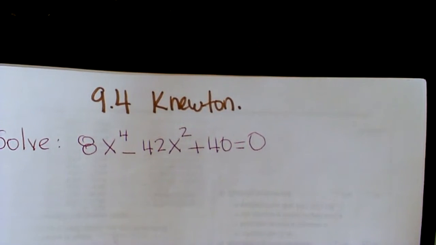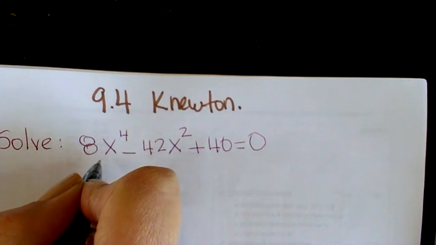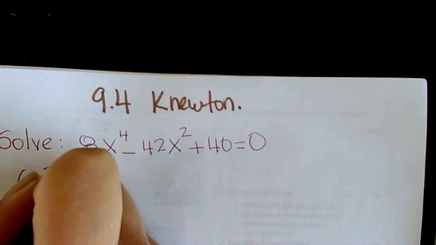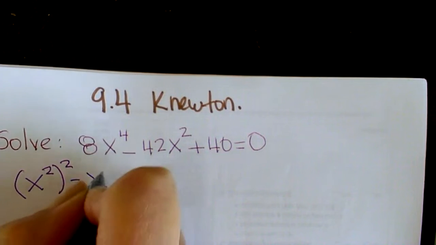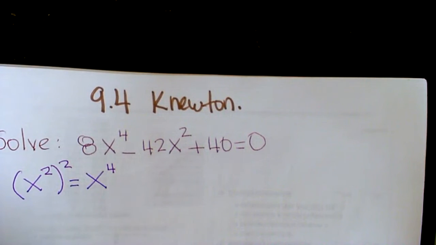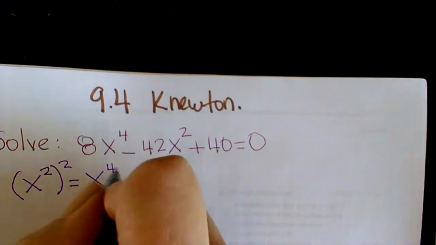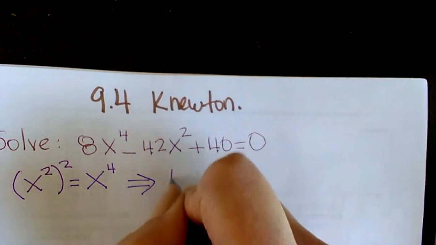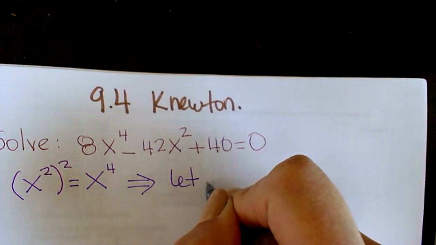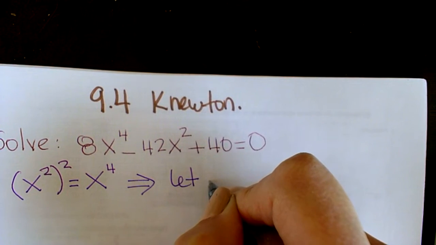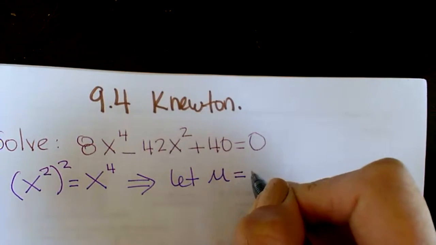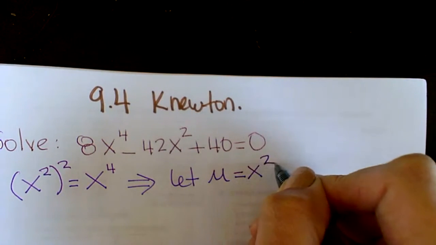We know x to the fourth power is what we're going to be doing. We could use any letter, okay? We're going to use u equal to x squared.